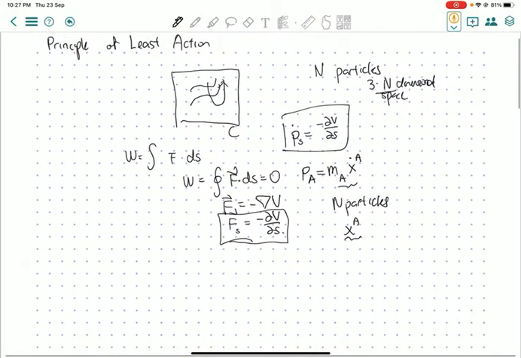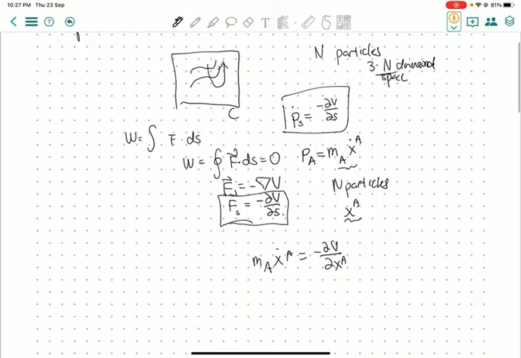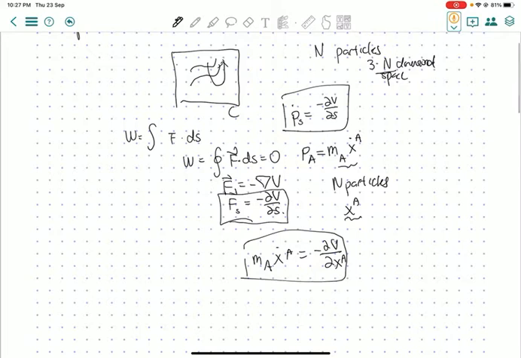Once you do that, m_a x double dot a is going to be equal to minus partial V over partial x_a. So that's your reformulated Newton's second law for a 3n dimensional space with 3n degrees of freedom.